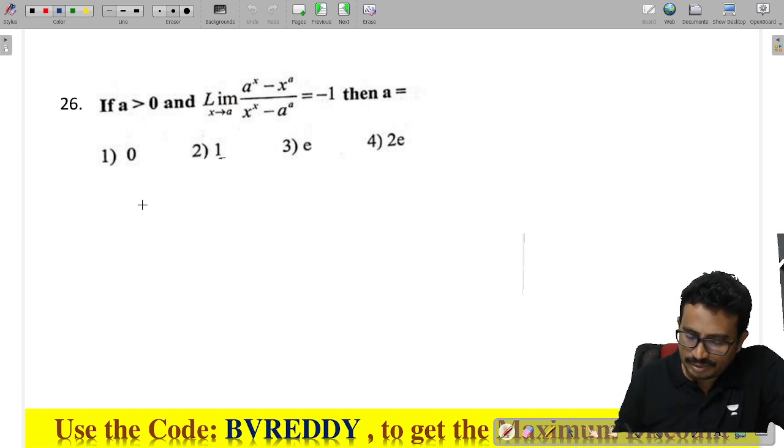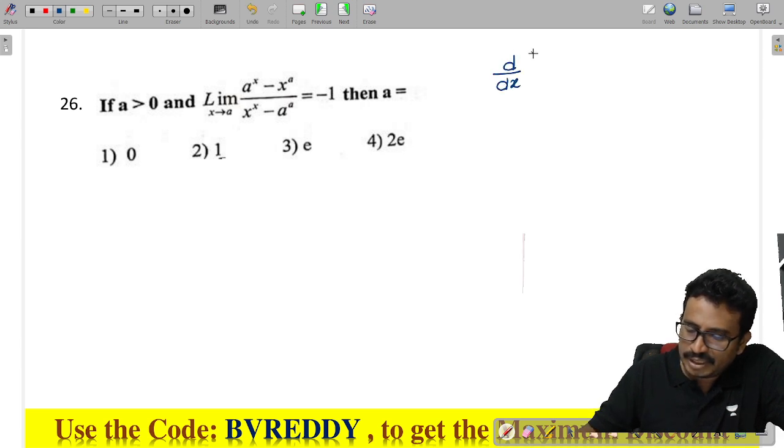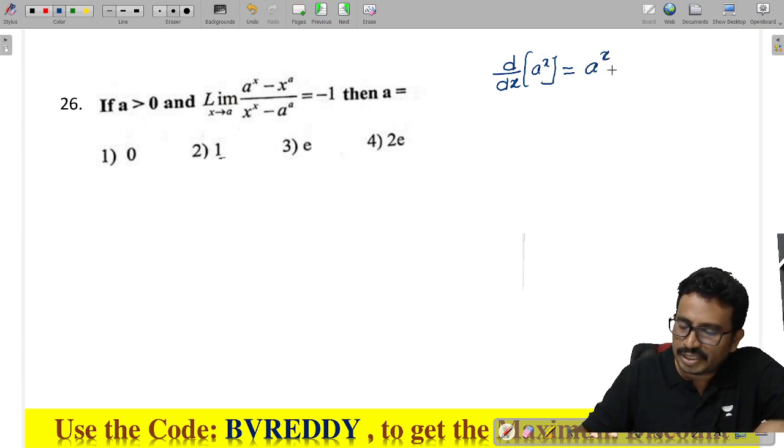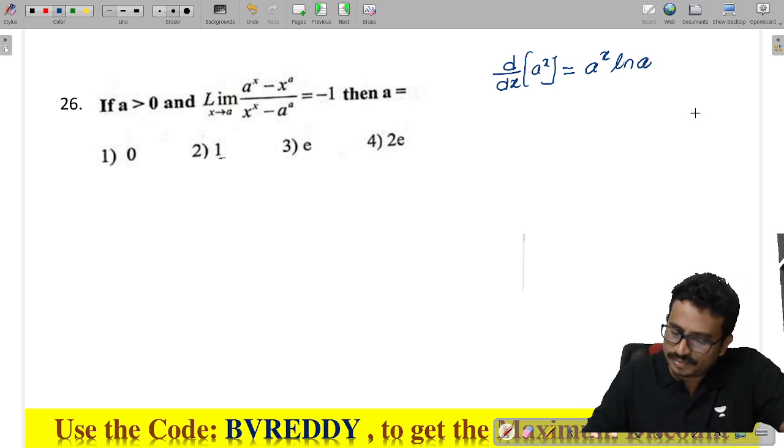L'Hospital rule. Tell me what happens if I apply it. What is the derivative d by dx of a power x? Derivative of a power x is a power x into ln of a, natural logarithm.